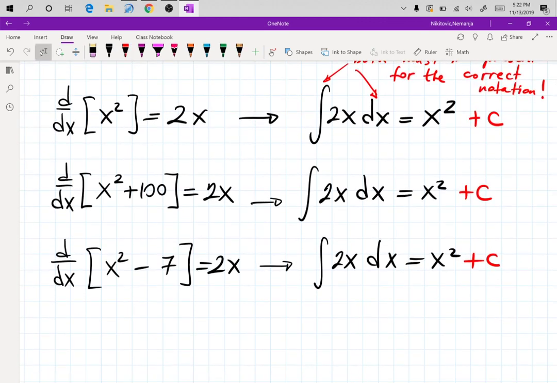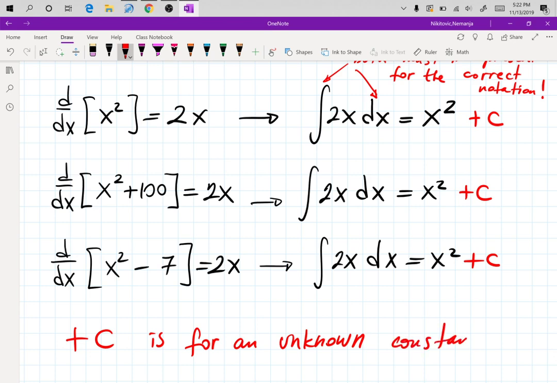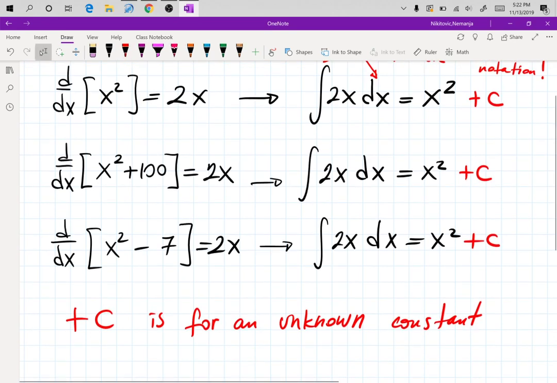Okay? So plus c is for an unknown constant, and in some cases we will be able to compute that value. We'll need something called an initial point and so on, so we'll deal with that next class.